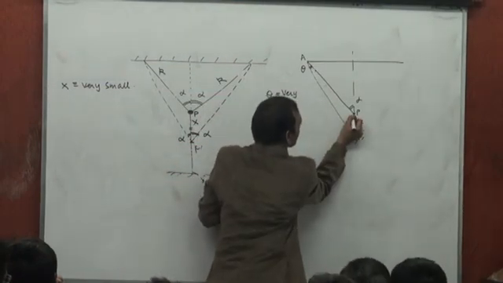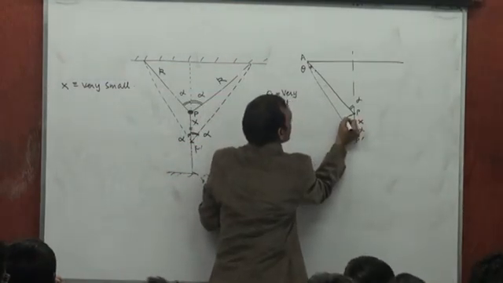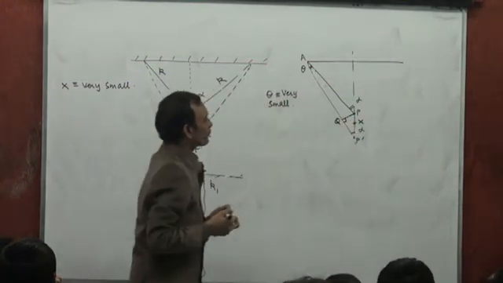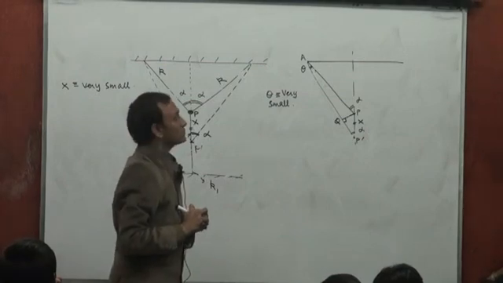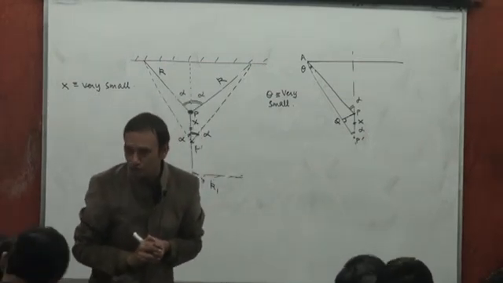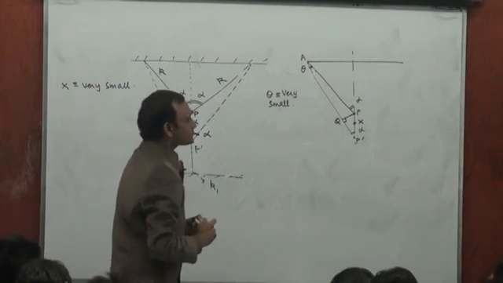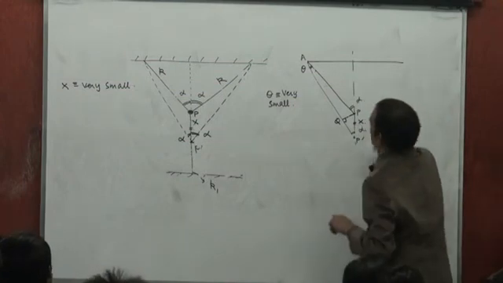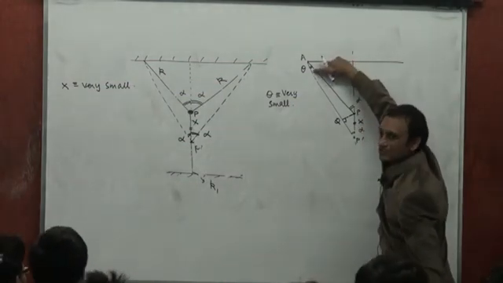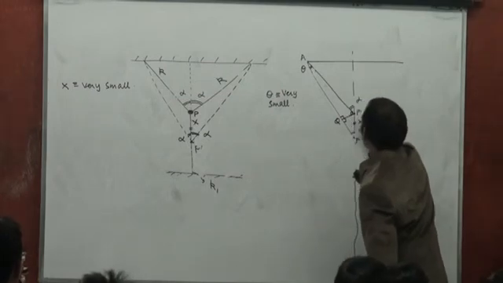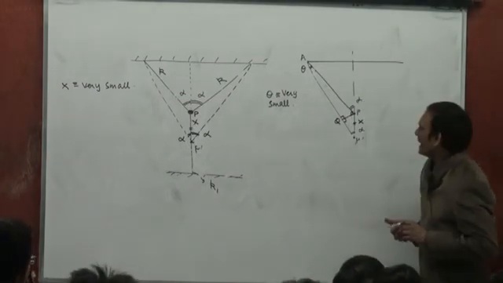From P, if I drop a perpendicular Q, Q being the foot of the perpendicular, then do you realize that this angle is practically zero? So if this is 90 degrees, this angle will also be almost 90 degrees.